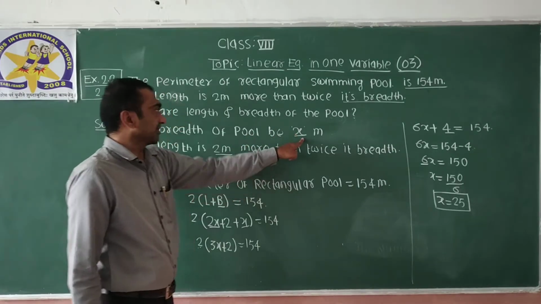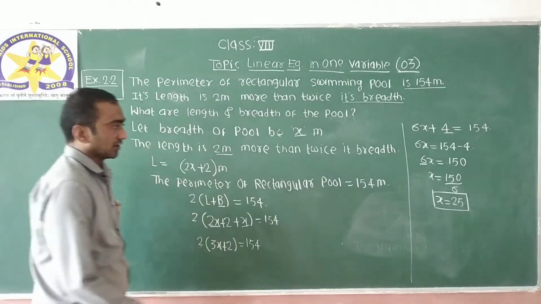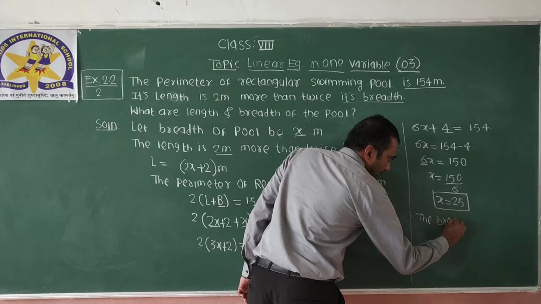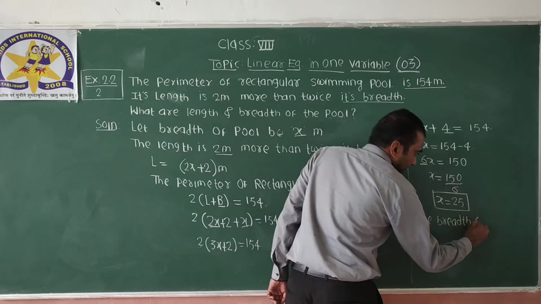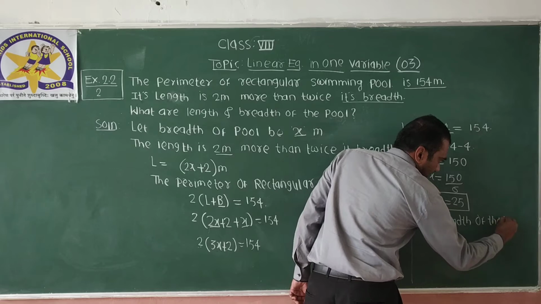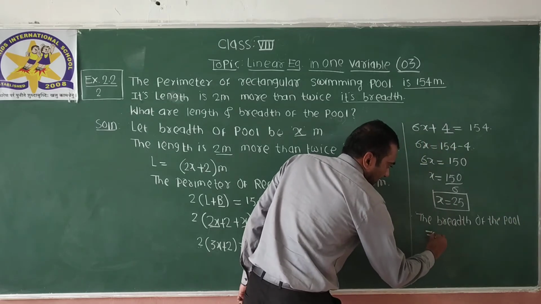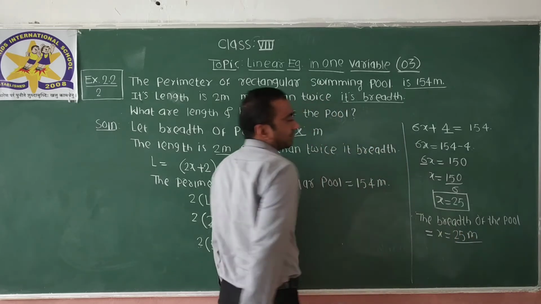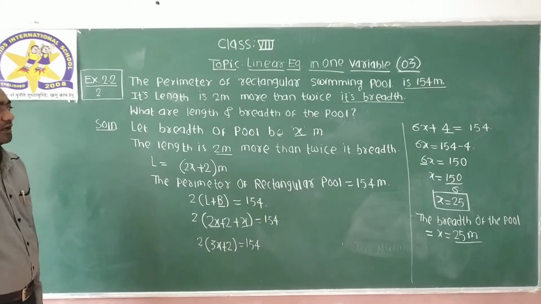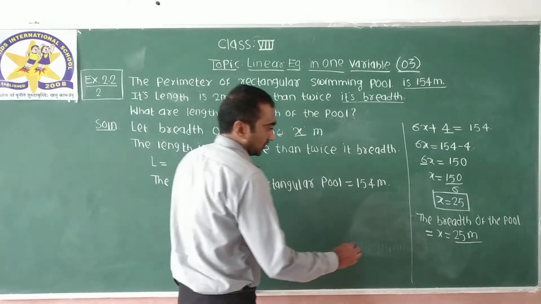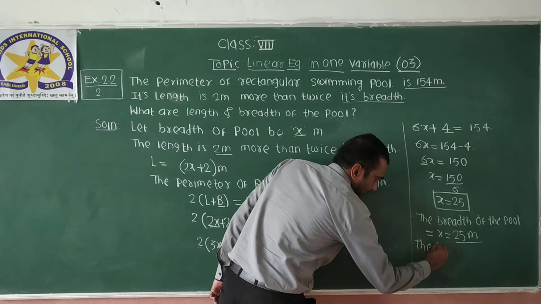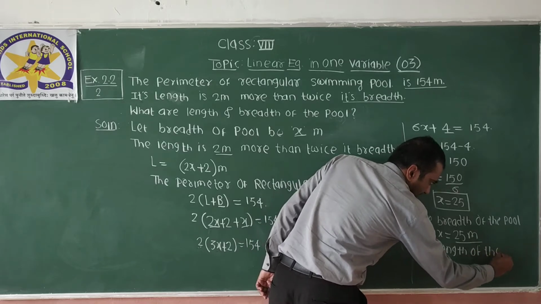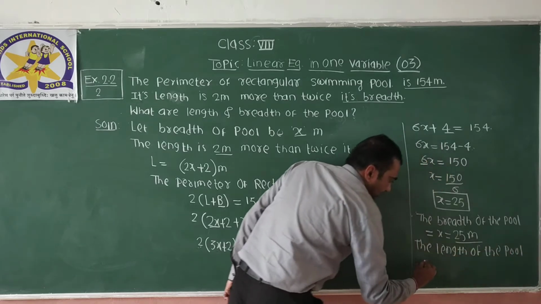And we know that x means breadth of the pool. Therefore, the breadth of the pool is 25 meter.